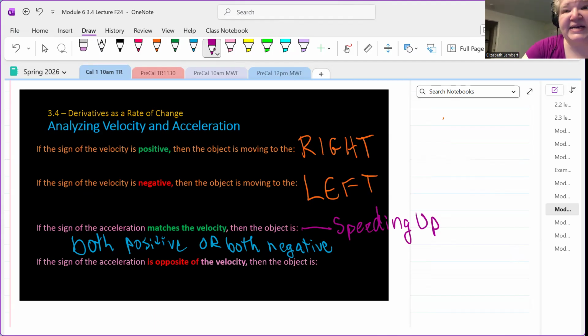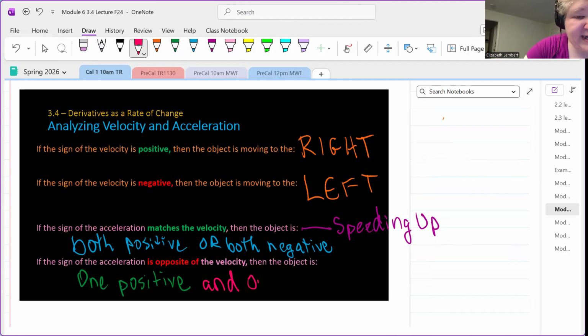Now, if the sign is opposite, so that means one positive and one negative, and it doesn't matter which one is which, that is the situation where we say we are being slowed down.